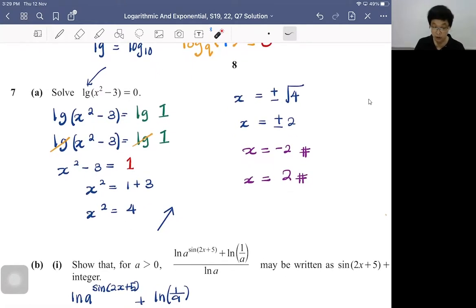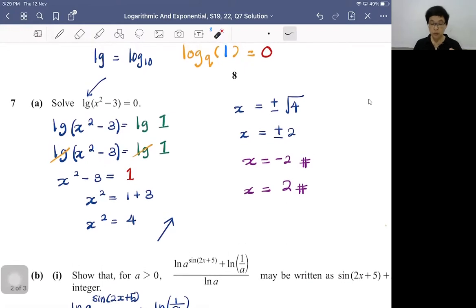From there, you have something very simple to process. You just add 3 to both sides, and that gives you x squared equals 4. With the simple square root of x squared, x equals plus or minus the square root of 4, and that naturally leads to x equals positive and negative 2.